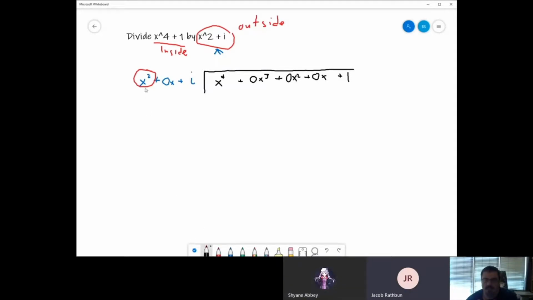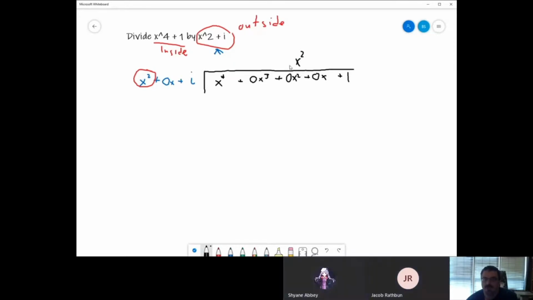So x squared, what times x squared will give you x to the 4th? x squared. Again, our columns are separate, right? Nothing but x to the 4th in the first column, nothing but x cubed in the next column, nothing but x squared here. So x squared times x squared gives you x to the 4th, so it'll be x squared.